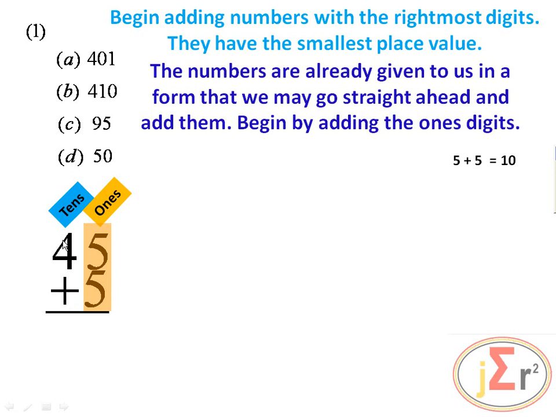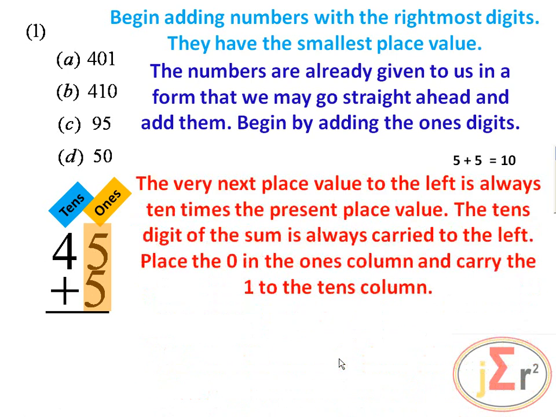Therefore, we put the 1 in a safe place where it does not interfere with the other digits. So we will place that at the top of the tens column. And that is why we carry the digit of greater significance to the top of the column that is located to the left.